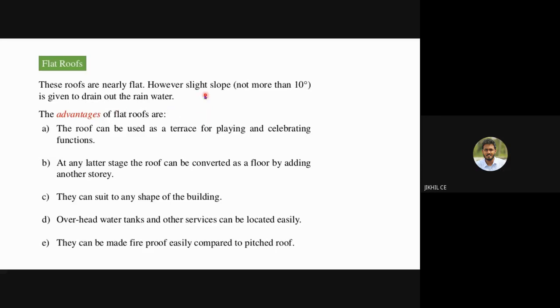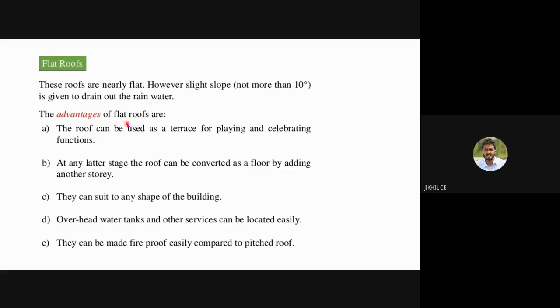Generally, for a flat roof, the angle between the horizontal and the inclination of the roof should not be more than 10 degrees. This small angle is provided to facilitate draining out of water.